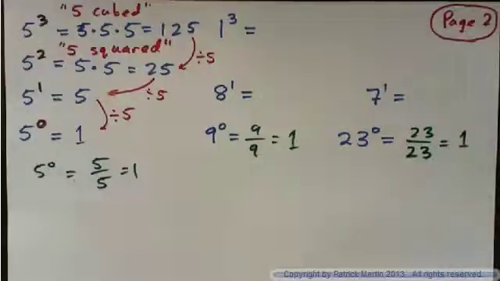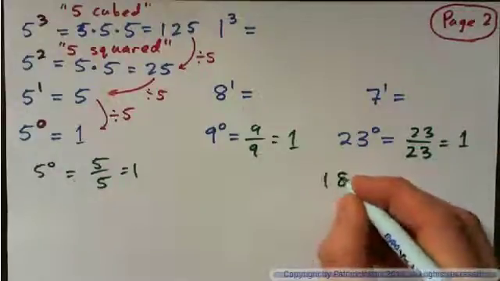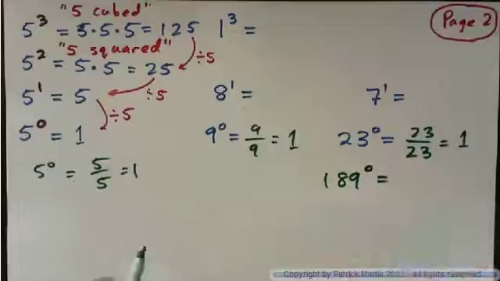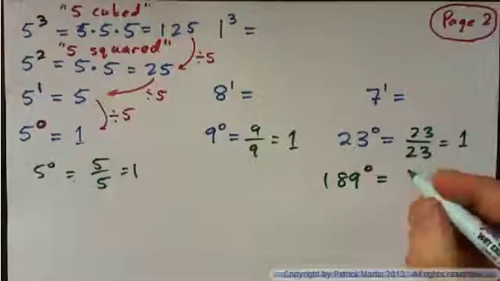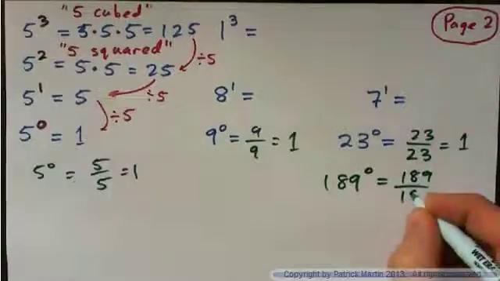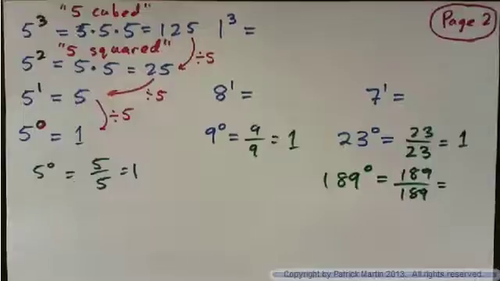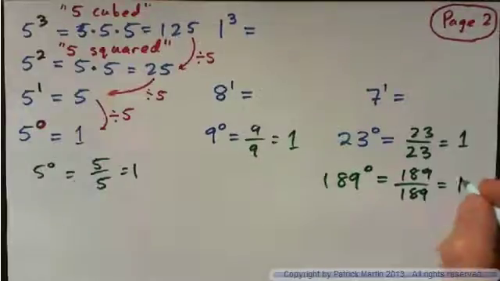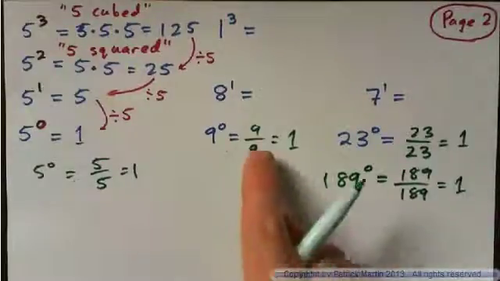The answer is 1. Okay. How about 189 to the power of 0? What's that? It is 189 divided by 189, which is the number 1.